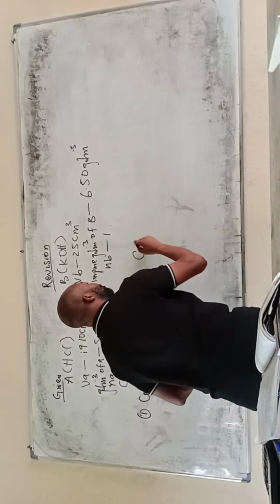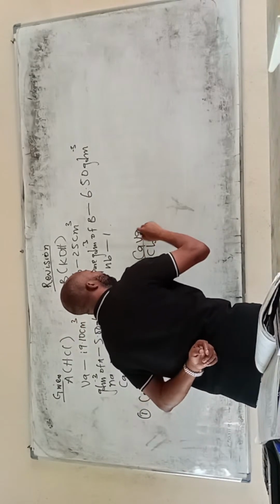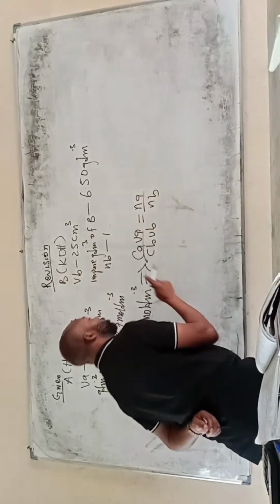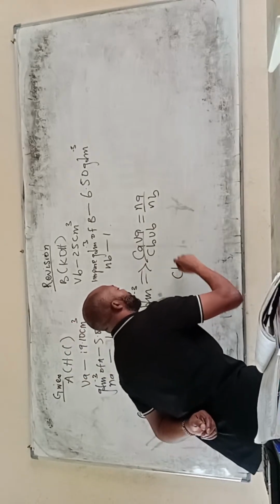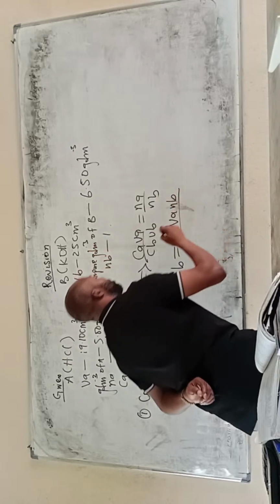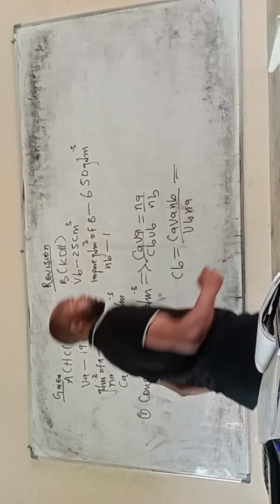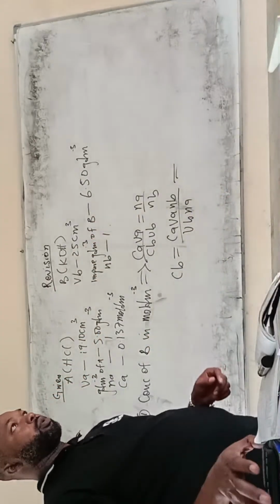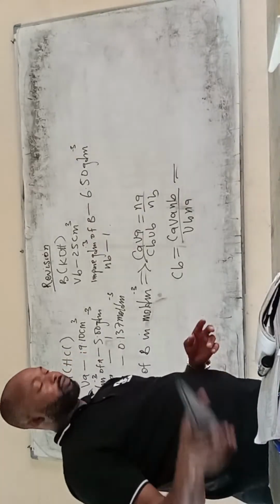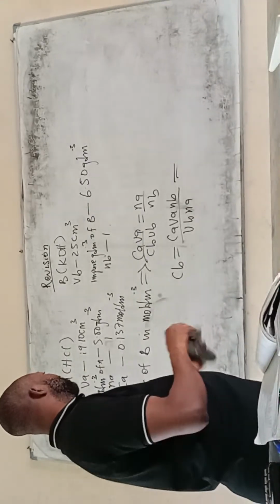We use the formula CAVA over CBVB is equal to NA over NB. Now I'm looking for CB. CB is equal to CAVA NB over VB NA. And this is equal to my CA. Let me put in the variables. I've not included them yet.